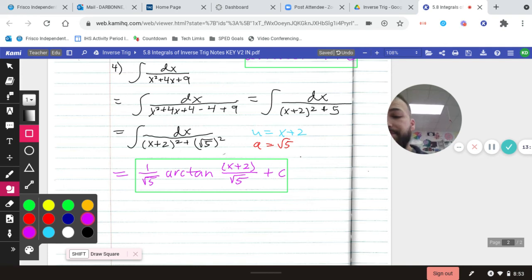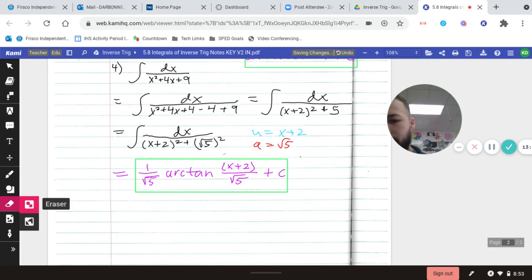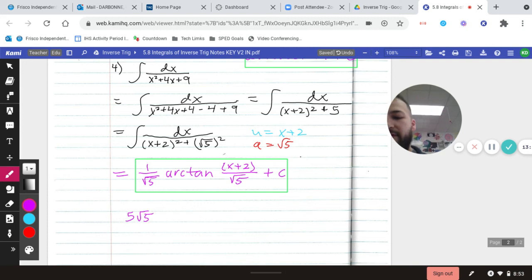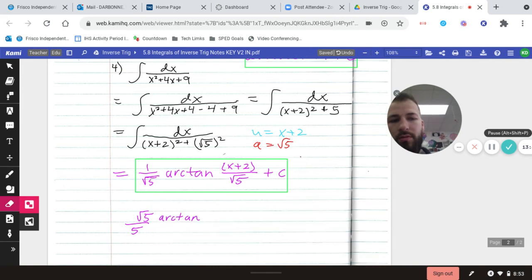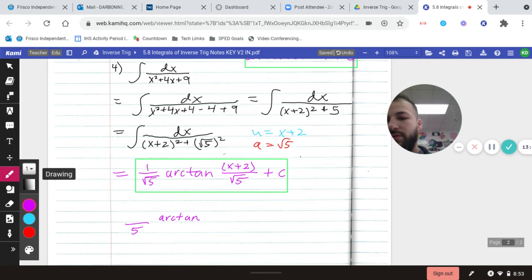So this would become root 5 over 5 arctangent of root 5 times x plus 2 over 5.